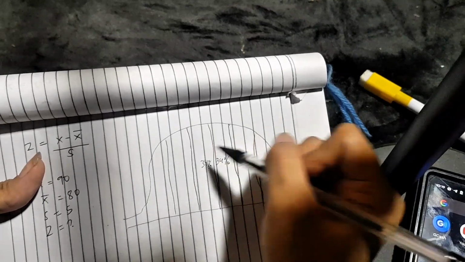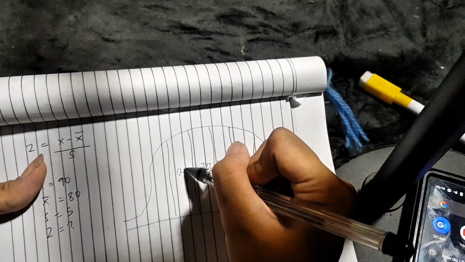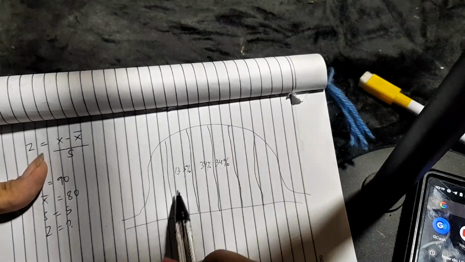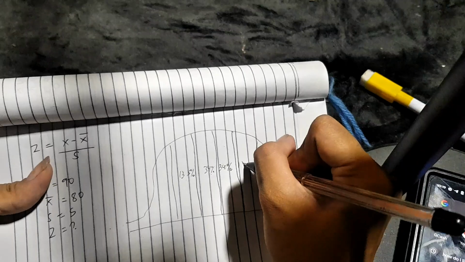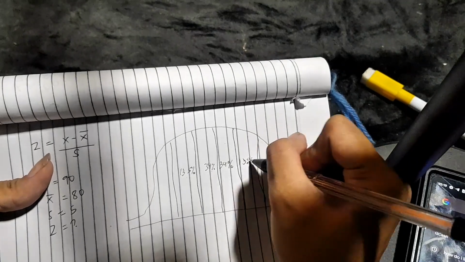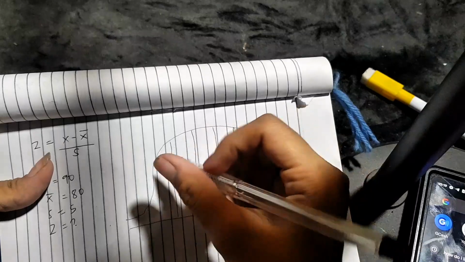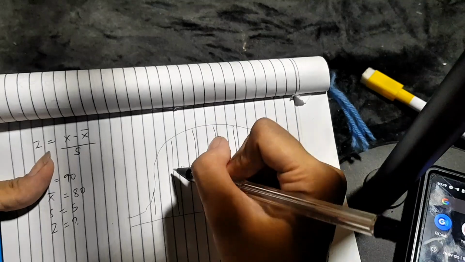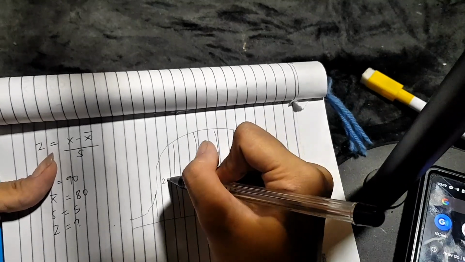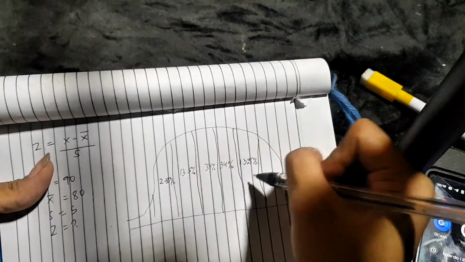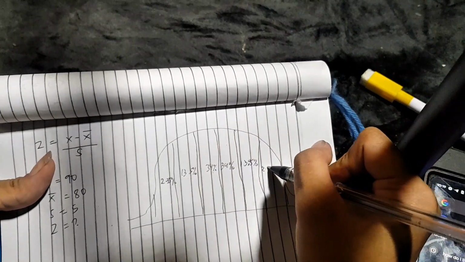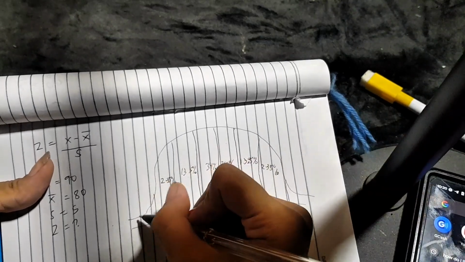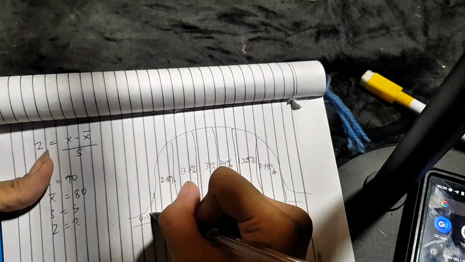Dito naman is 13.5%, also this one 13.5%. This one is 2.35%, and this one 2.35% also. And the last one is 0.15%, and 0.15%.